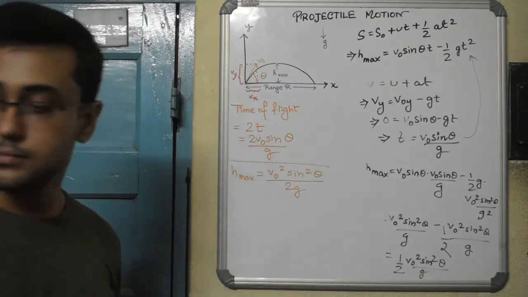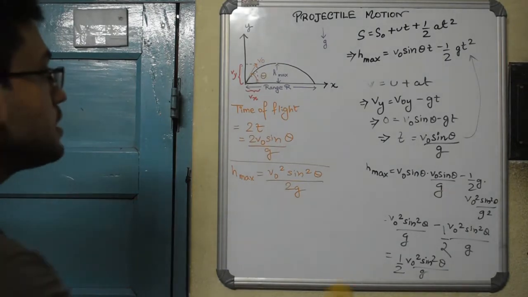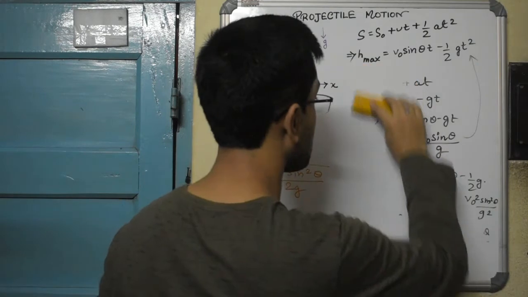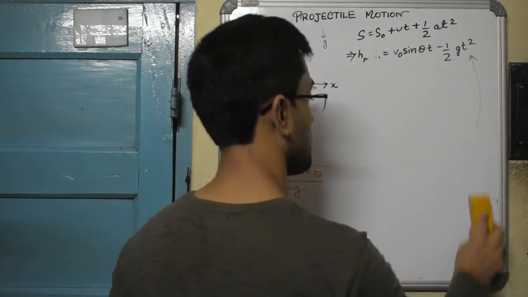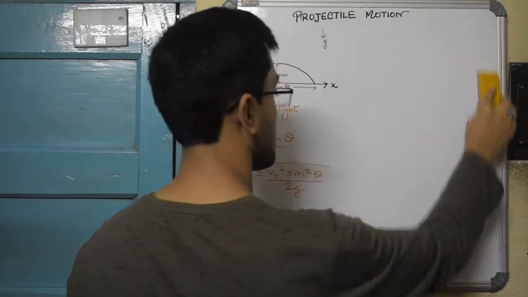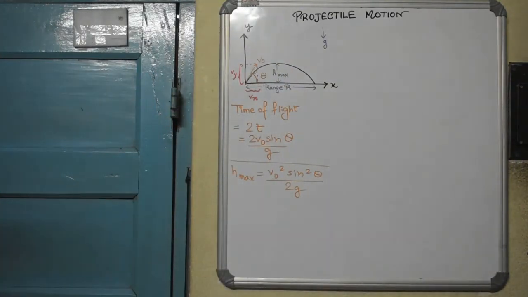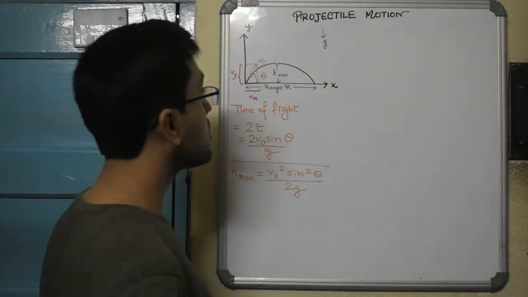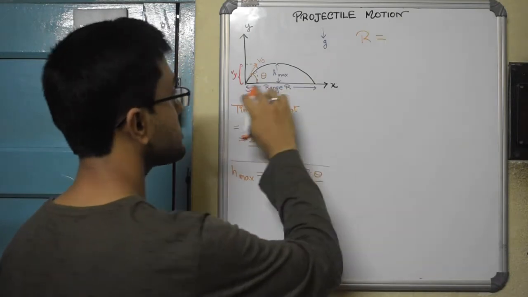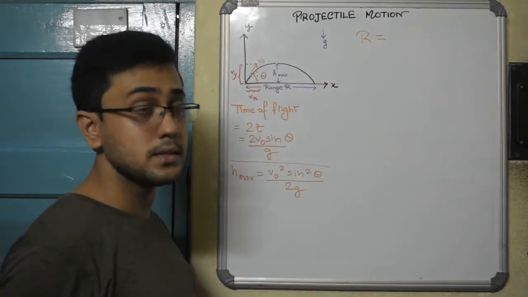One final thing that we have to find out, as you can see, is this range. So now we shall be finding out the range. What will be the value of range? Well, as you can see, range is something that's taking place along the horizontal direction.